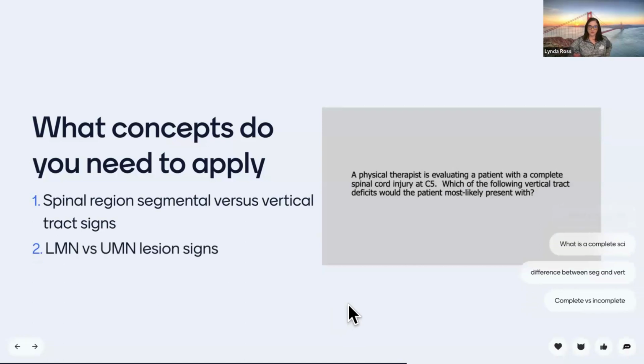The other concept is lower motor neuron versus upper motor neuron lesion signs. That's part of our segmental versus vertical tract signs, so it's kind of overlapping, but I really feel like I need to bring that one home.